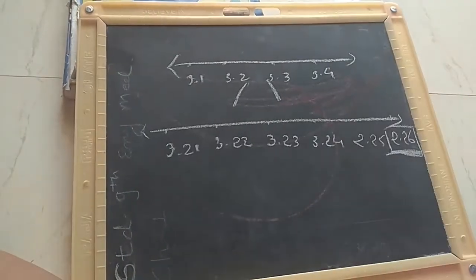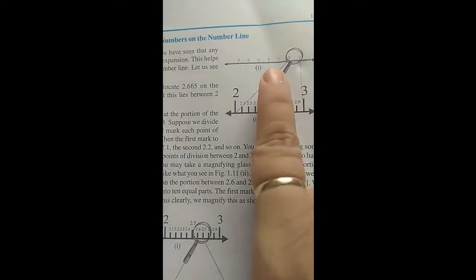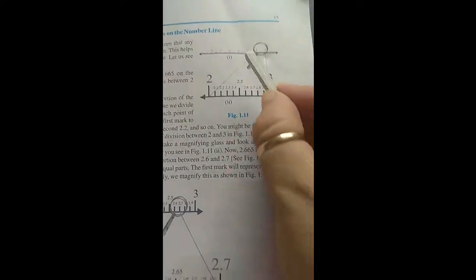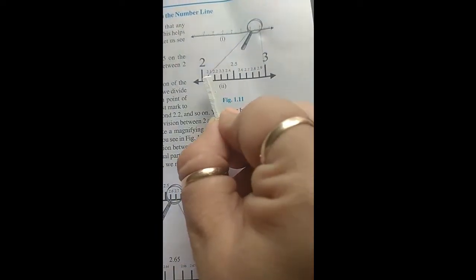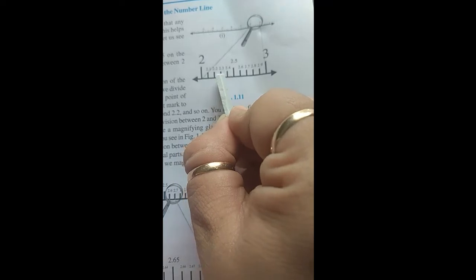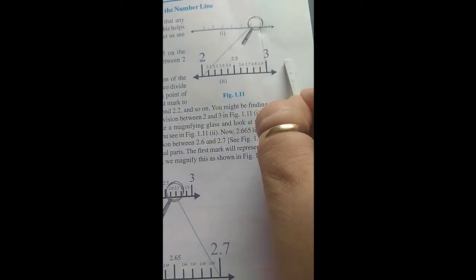Let us see that. Now here is one example from your textbook. You can see here 2.665. We have to locate 2.665 with the help of number line. What they did in your textbook, here they have 2 and 3, then they did the zooming. Fine. Then 2.1, 2.2, 2.3 till here, 2.9 till 3.